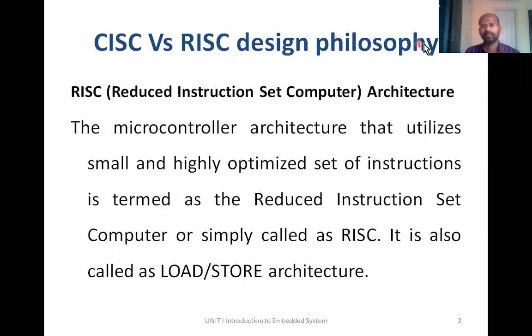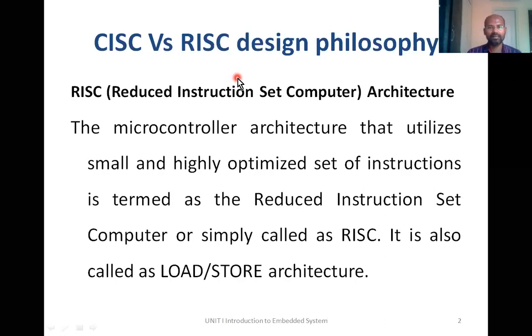Next, the first topic is CISC versus RISC design philosophy. As a first topic we talk about two main processor architectures. One is CISC, the other one is RISC. You can classify processors into these two categories.